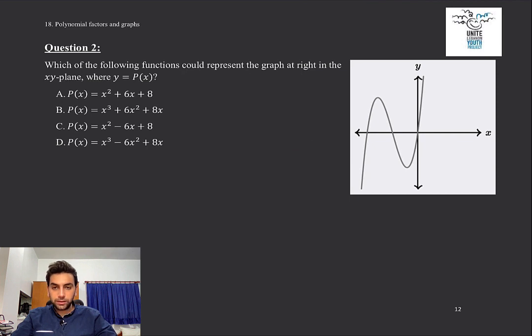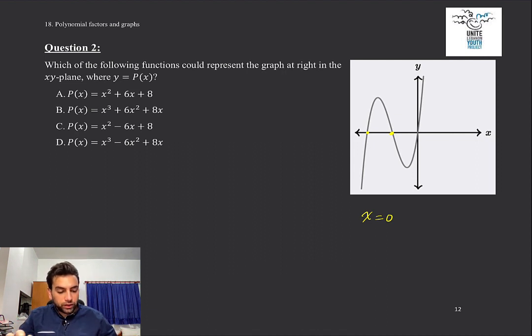Next, in exercise number 2, which of the following functions could represent the graph at right in the xy plane where y equals p of x? Now, if we look at this graph here, our zeros for this graph are at x equals 0, so that's one of my solutions, and at two values that are on the negative side of the x-axis.